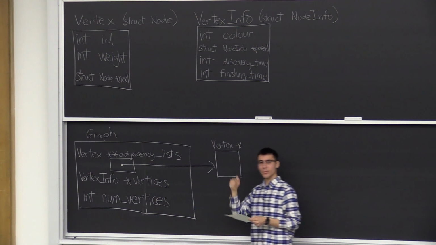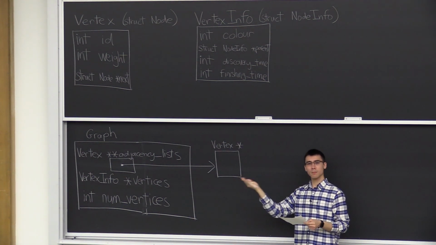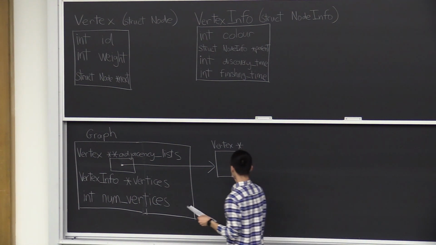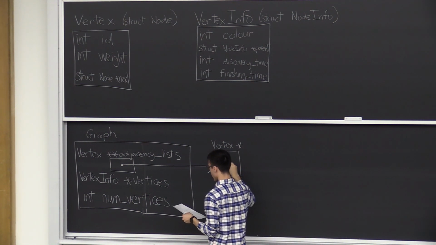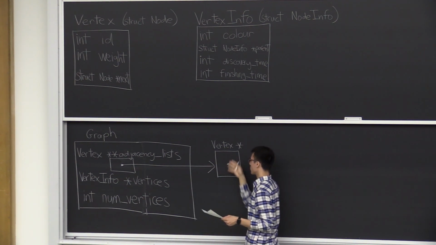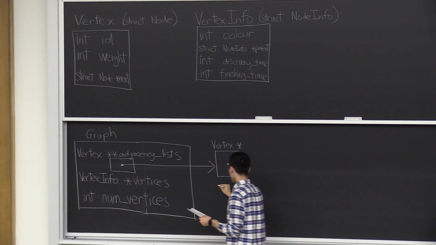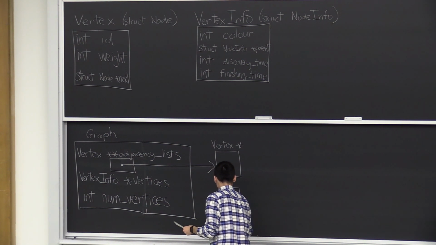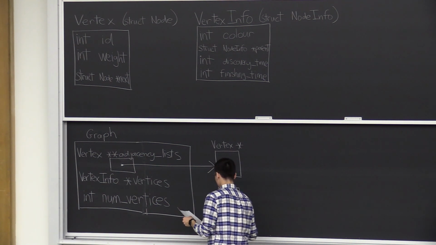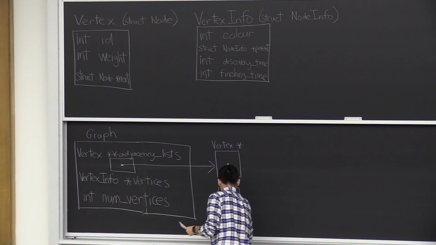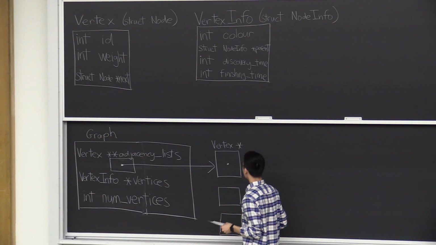The pointer to pointer is going to point to just a single pointer to vertex. It'll point to one of these vertex stars. There could be multiple of them. There could be another vertex star here, another vertex star down there.